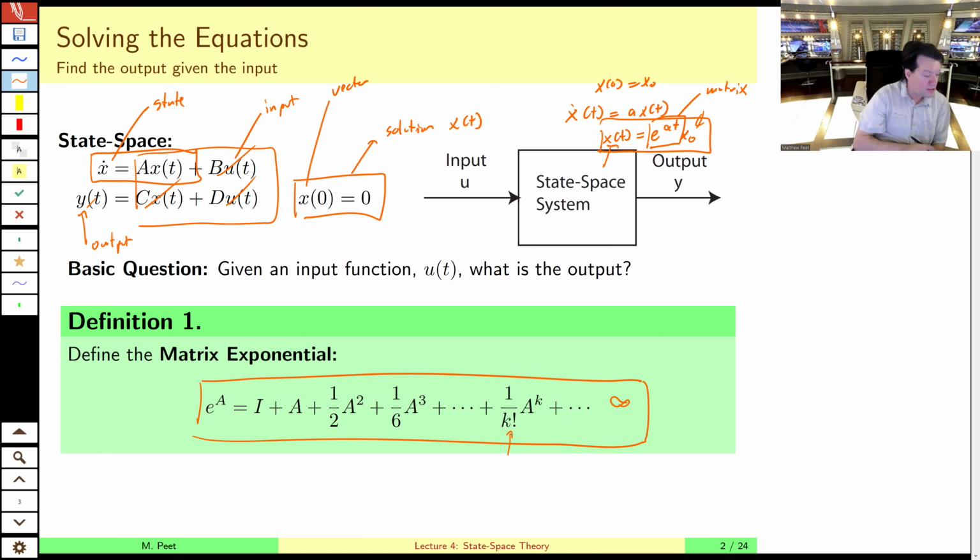So this is actually the definition of the matrix exponential. There's no other way to get the matrix exponential except from the series expansion. That's how it's defined. This is, of course, a straightforward generalization of the scalar version, where we've just replaced the scalar A here with the matrix A.